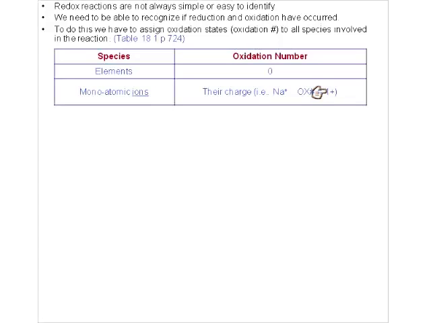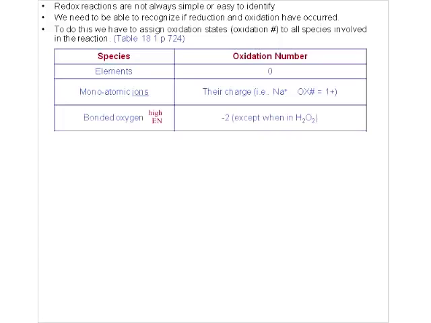Copper could lose 1 electron to be copper 1+ ion, or it could lose 2 electrons to be copper 2+ ion. So whatever the charge is on the simple ions, that's going to be their oxidation state. When I say simple ions, I mean monoatomic: sodium, aluminum, potassium, iron. When we think of complex ions, we think of carbonate, phosphate, PO43-. They're different. So these are the simple monoatomic ions, and whatever their charge is, that's their state.